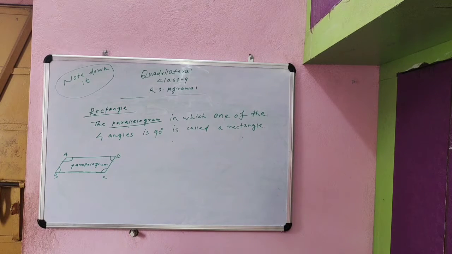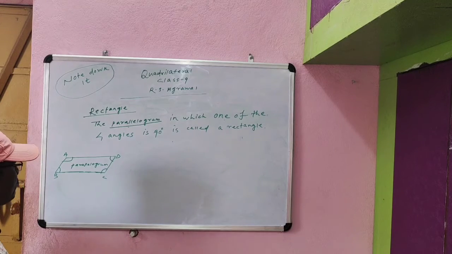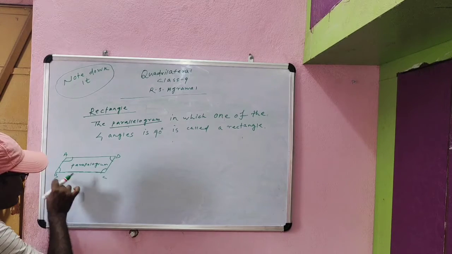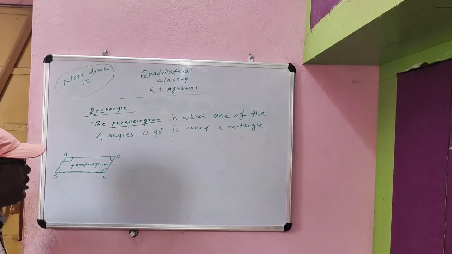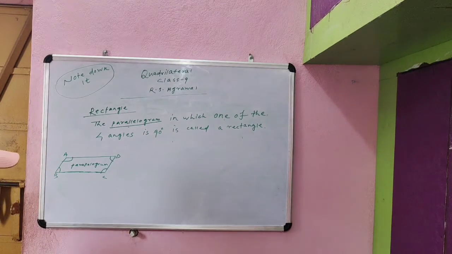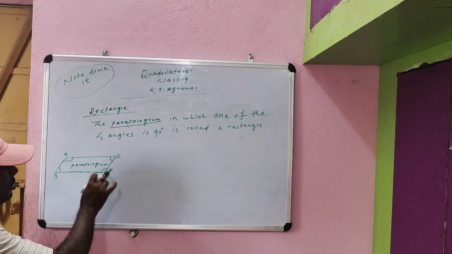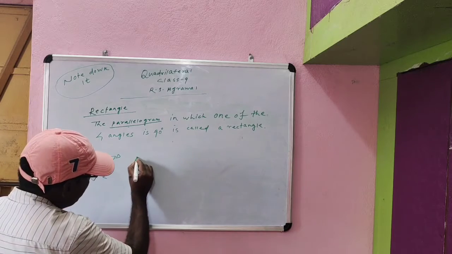But if you change one of these four angles, only one of these four angles, to 90, then it is called a rectangle.